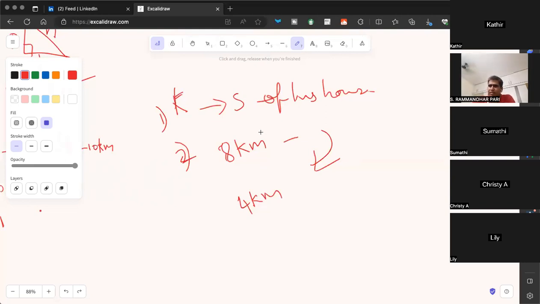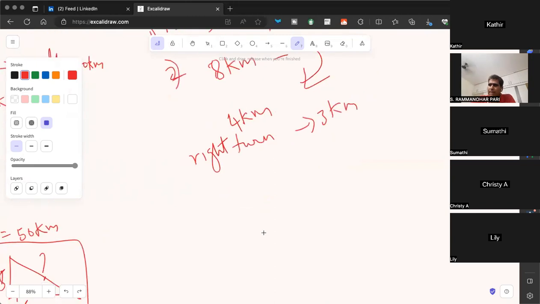But then he thinks, I've come too far, so he's turning and coming back 4 kilometers. Then he takes a right turn and moves 3 kilometers. So the question is, how far is he from the starting point? Not the total distance, just how far.